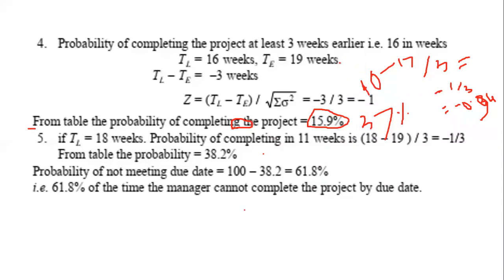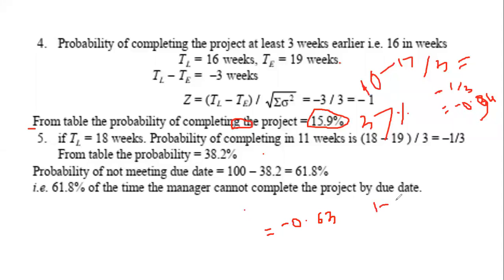Okay. So here I will write the probability is equal to 0.63. Is it right? This is a minus sign, so we have to subtract from 100%.